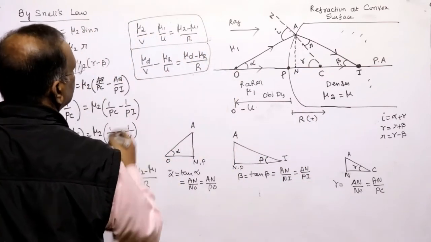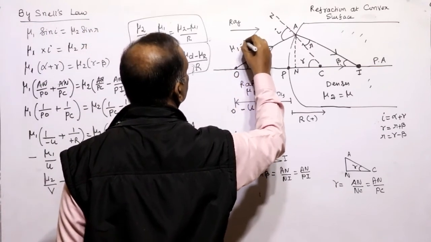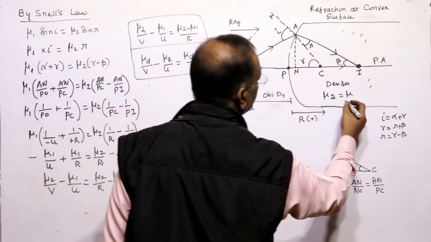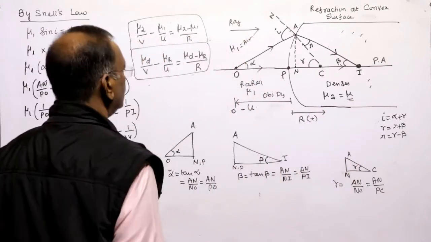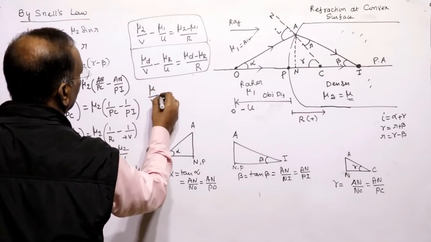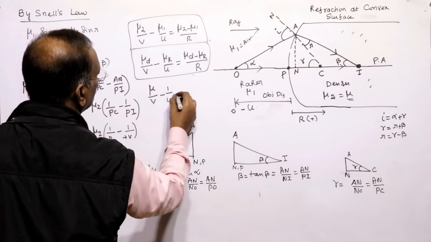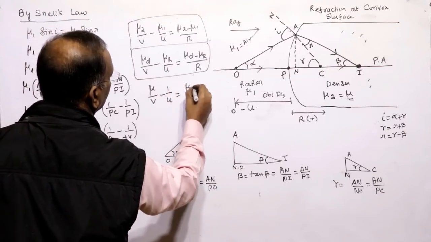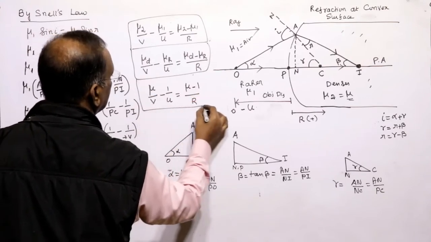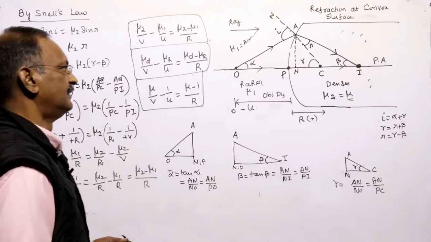If the rarer medium is air, with refractive index 1, and the refracting medium has refractive index mu, we can write mu by V minus 1 by U is equal to mu minus 1 divided by R. This is the expression for refraction at the convex surface.